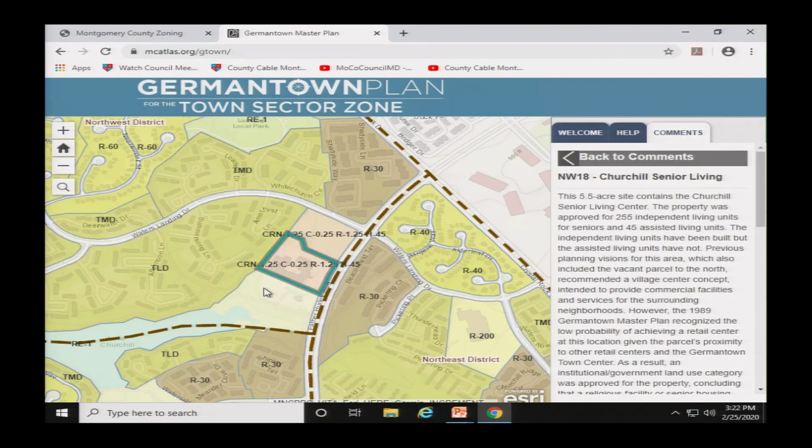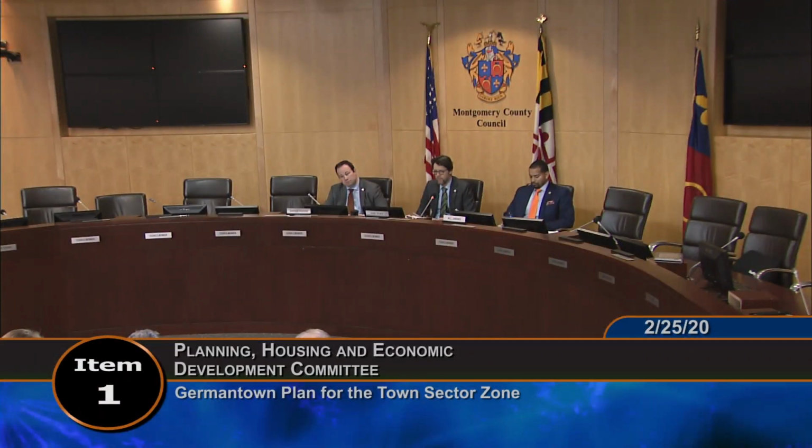Great. Yes, we did have further conversations with Churchill Senior Living, and while we are supportive of their additional density, it would have to be changed to a CRT zone with 2.5 FAR.